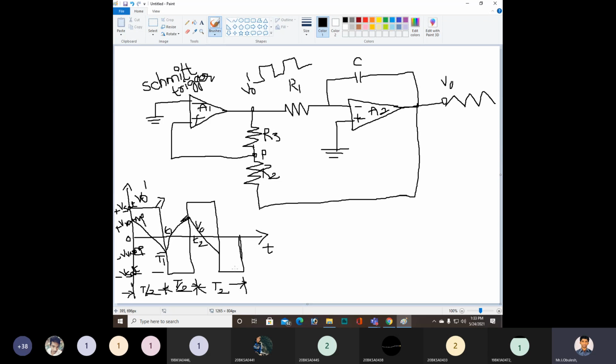So the amplitude will depend upon the RC values of integrator A2 and the output voltage level of A1. The desired output signal amplitude can be set by using appropriate RC values.